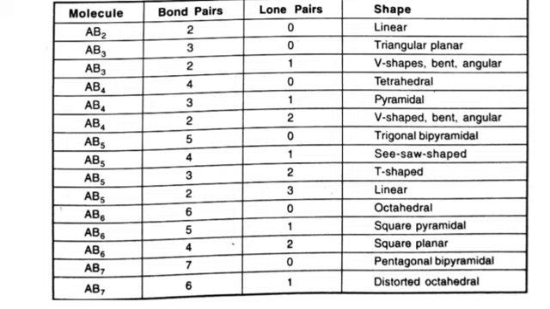So these are the shapes we can predict according to the valence shell electron pair repulsion theory.